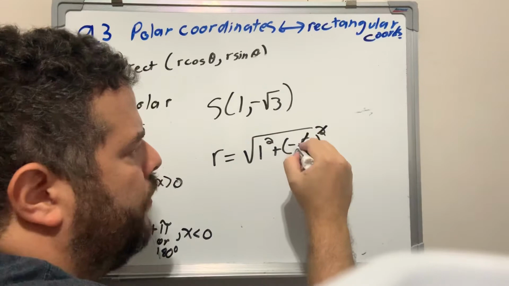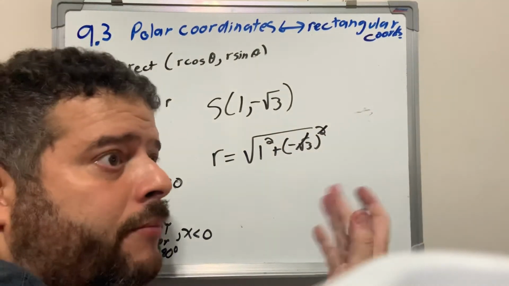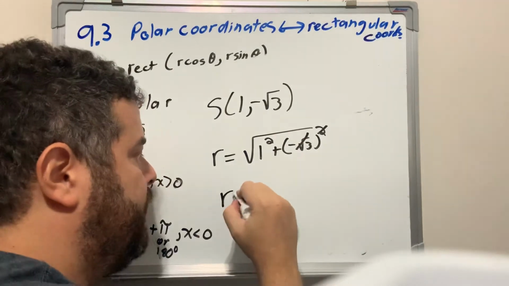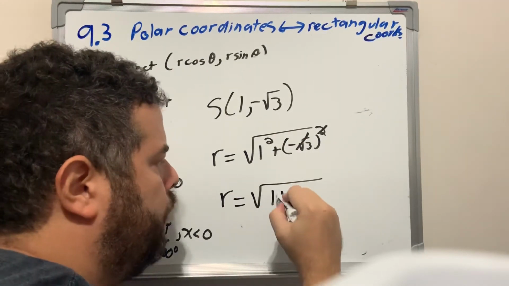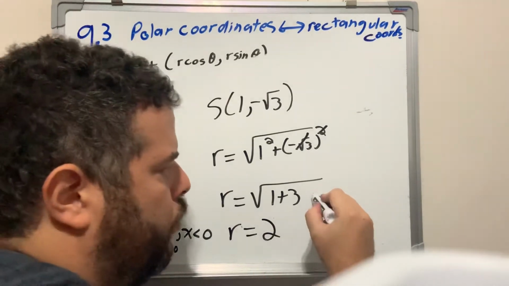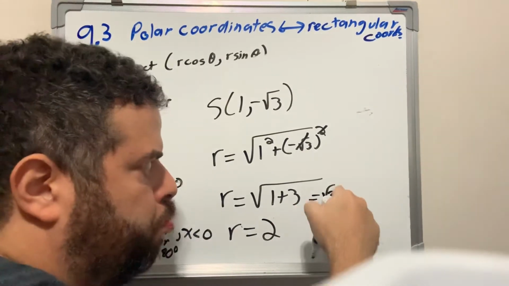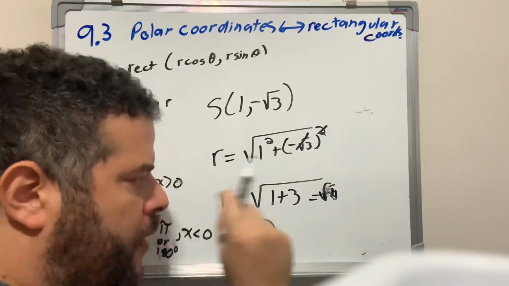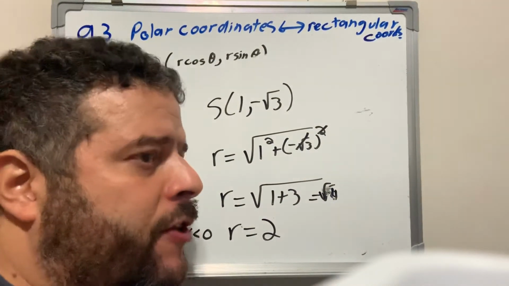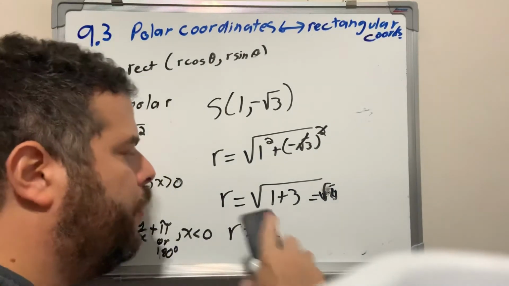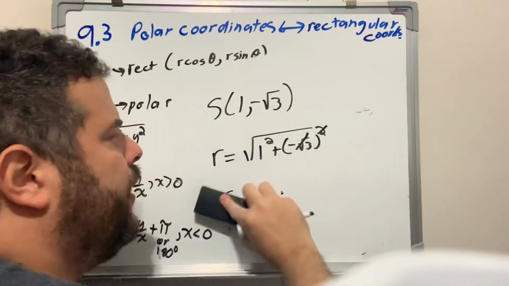The square gets rid of the negative, because whenever you square a negative number, you end up with a positive number. So you end up with 1 plus 3, or square root of 4, which is 2. Even though square root of 4 could be positive or negative, use the positive only for the moment. So I know that my r is 2.